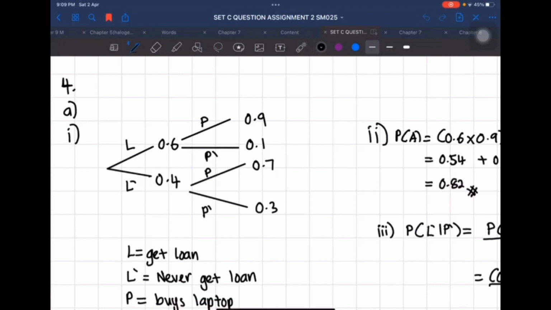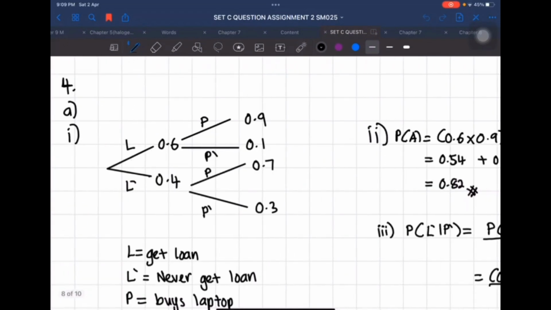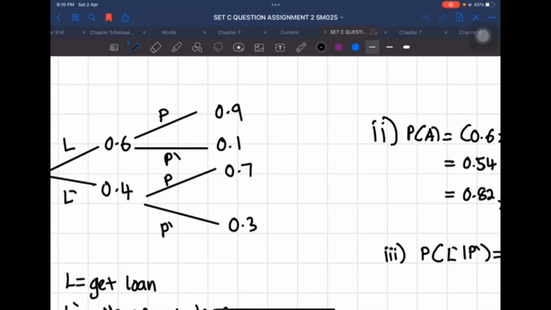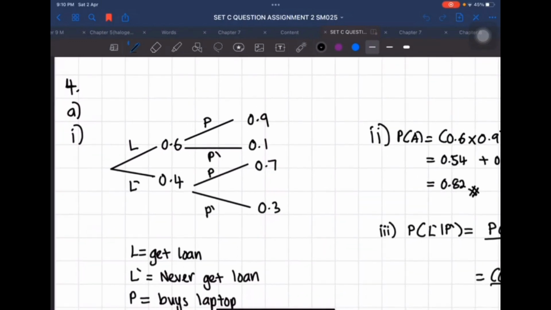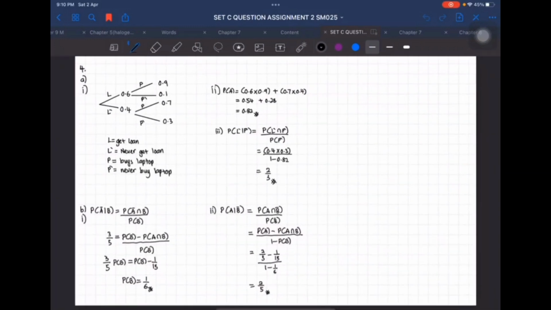The probability that Battery didn't get a loan is 0.4, and if he buys a laptop without getting the loan, the probability is 0.7. So the probability of not buying a laptop is 0.3. So we have constructed the tree diagram for question A, part 1.